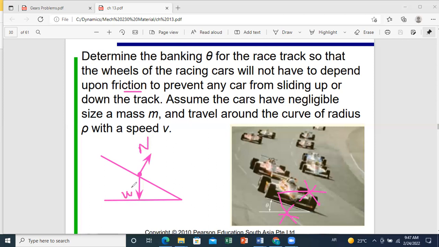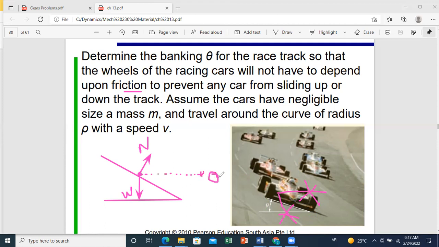Now, how are UN, UT, UB? Keep in mind the track of motion is a circle. So UT, UN are within the circle, and since the circle is horizontal, UN, UT is in the horizontal plane. So your center of rotation will be somewhere here. If you move along the horizontal line, I have the center here, let's say.